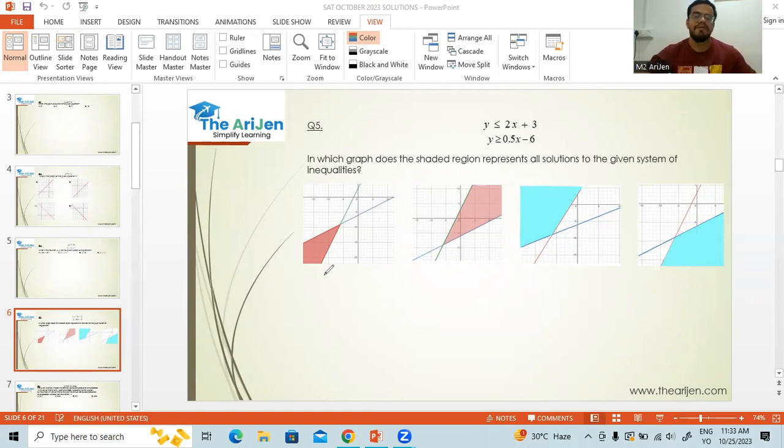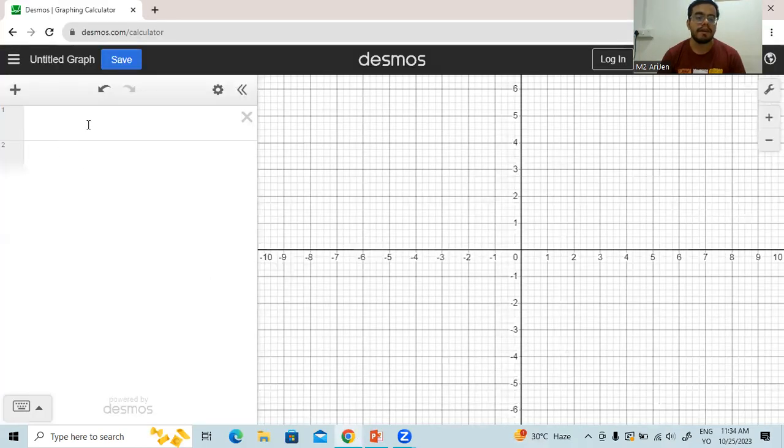So simply we have two equations, right? One is y greater than or equal to 2x plus 3. Next is y less than or equal to 0.5x minus 6. So let's now go to the Desmos calculator, right? And place our equations.